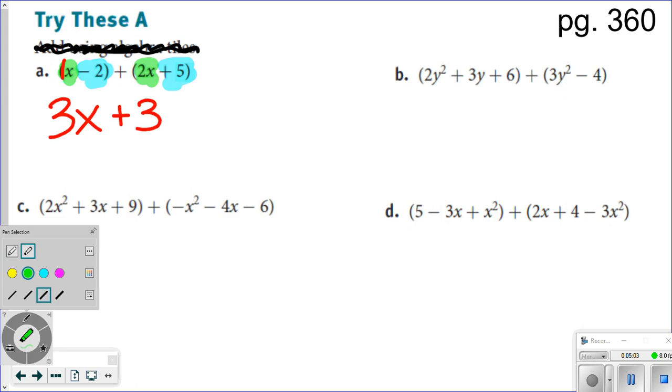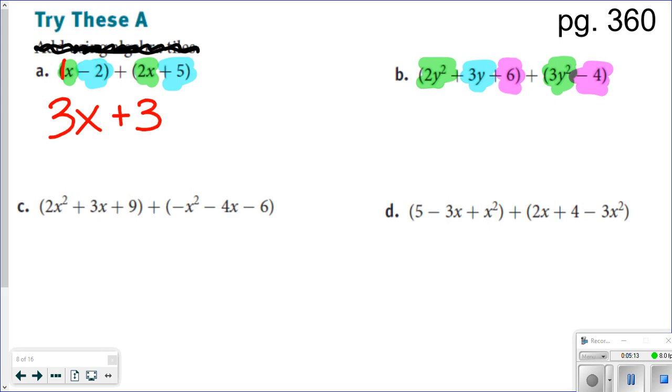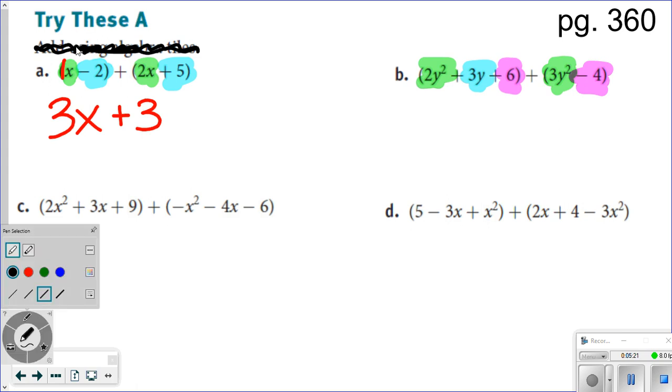Okay, I'm going to do one more with you, and then you're going to try it by yourself. So I'm going to add the like terms together. And if you need to, find highlighters, or you can circle, you can underline, you can box, so you know what your like terms are. So I have 2 plus 3, which gives me 5y squared.